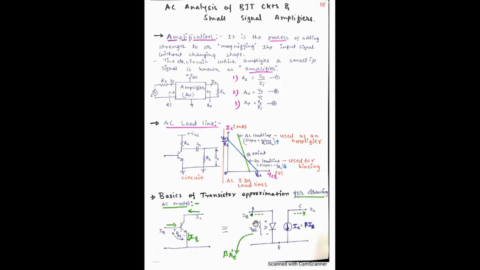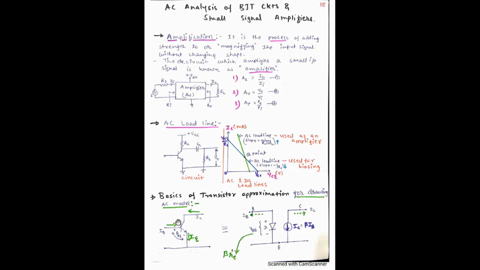Now in the equivalent circuit we never draw the diode directly. We know there is a VBE of 0.7 volt if it is silicon, and its internal resistance is denoted by re dash. So we will draw beta re dash in place of the diode when we are drawing small signal amplifier AC models.